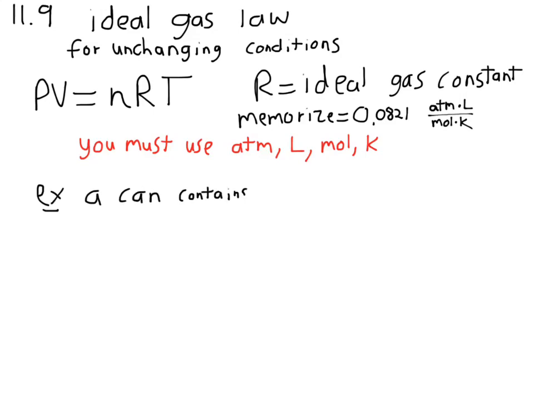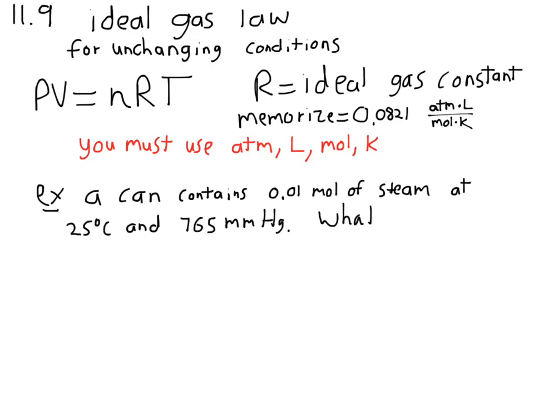For example, a can contains 0.01 moles of steam at 25 degrees Celsius and 765 millimeters of mercury. What is the volume? In this problem, we have a moles and a temperature, a pressure. We're asked for a volume. Notice there aren't any first and second moles, temperatures, pressures, or volumes.